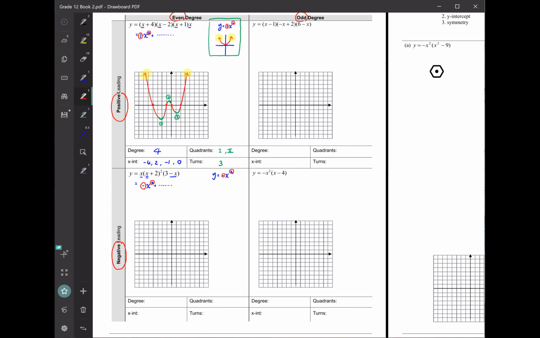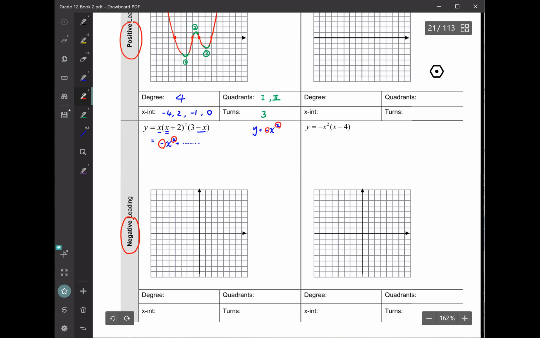All the even negative will behave the same way. So we'll graph that out. This one will be opening down, so the arrows will be in quadrant 3 and 4.